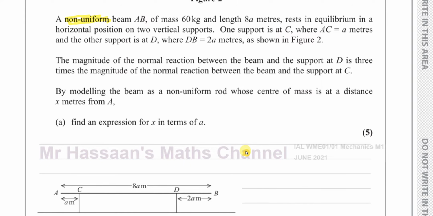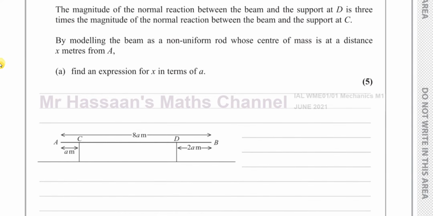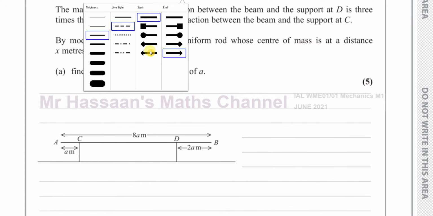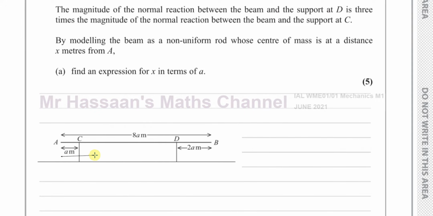Okay, so let's take that information. We have a mass of 60 kilograms acting at x meters from A, not centimeters. Let's say it's over here.